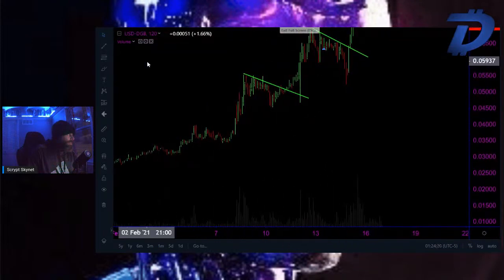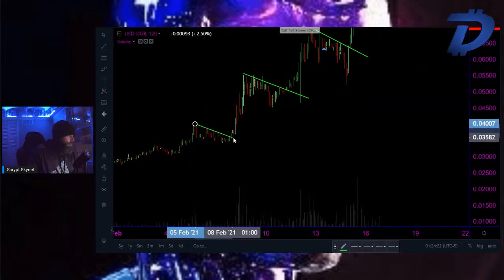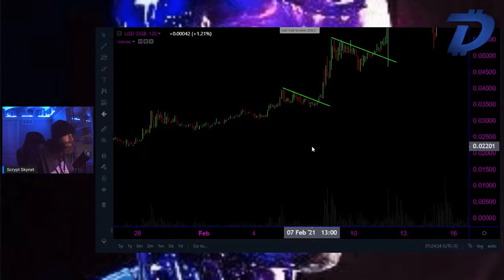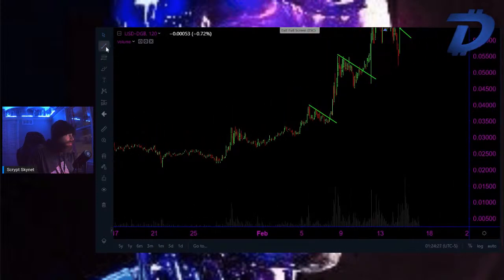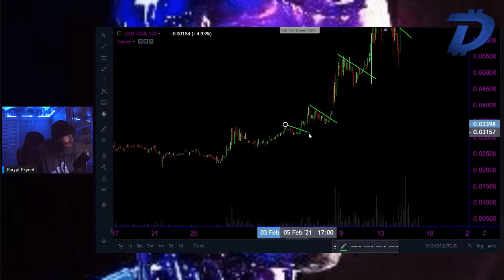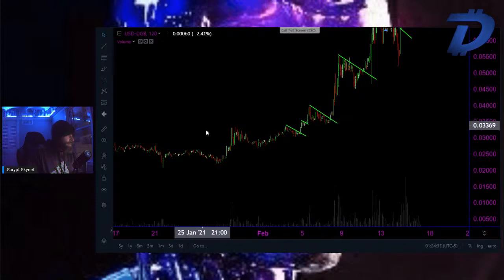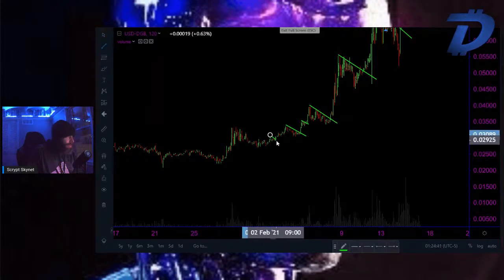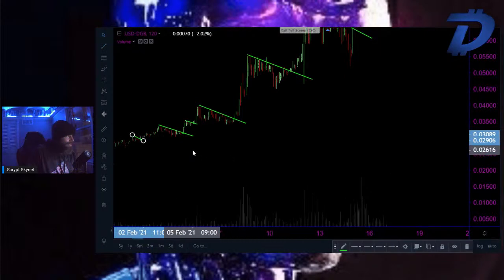Here you go, here's another one. Broke through there, right? And look at that little guy. Oh wait, no, that's not the little guy. Here's a little guy right there. We got another little guy right there. Okay, we got another little guy. See?